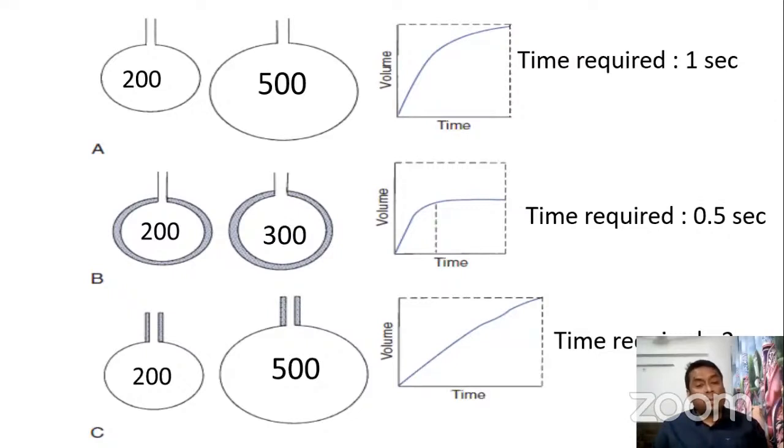When the lung is less compliant, it will have less tidal volume, so it will expire in less time. But when this lung has normal compliance but high resistance, it will expire in a longer time than the normal lung and the lung with low compliance.